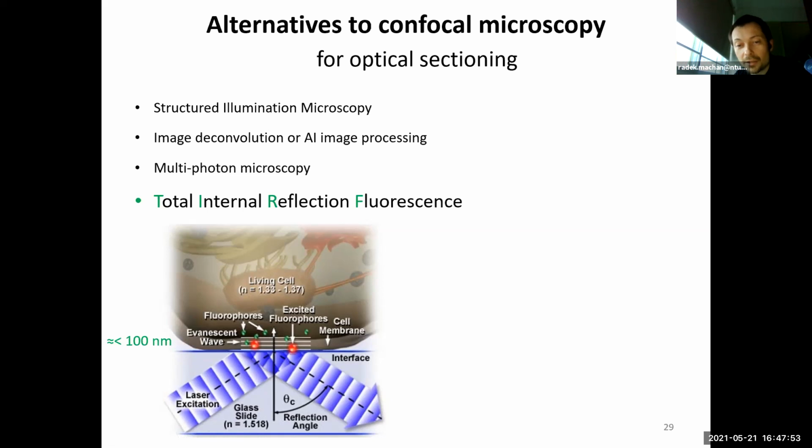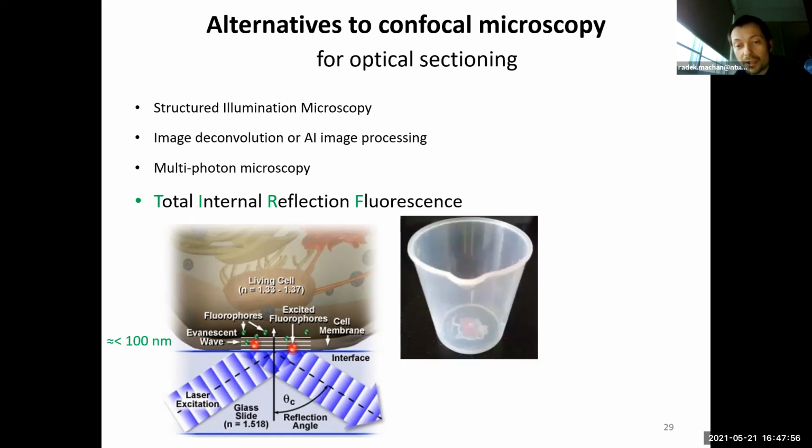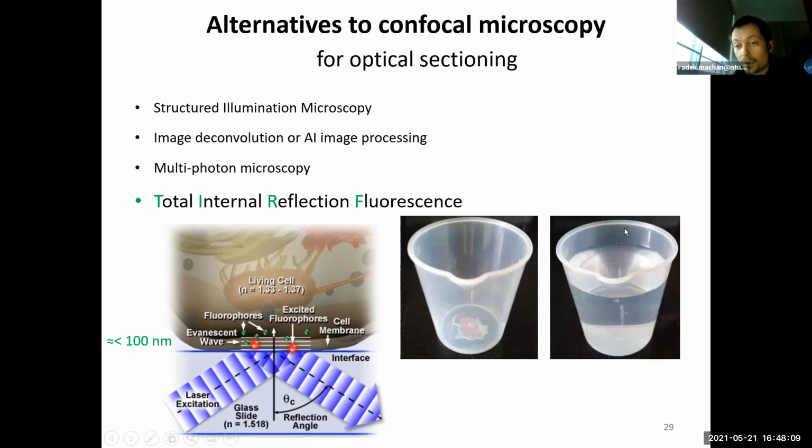Just for a fun illustration of total internal reflection: I have here a sticker, and I put a cup over it, and I can see the sticker, of course, because the cup is transparent. Then I pour water into the cup. Now, because there's an optical interface, the sticker is in air, but there's water inside the cup, I have total internal reflection on the bottom of the cup.